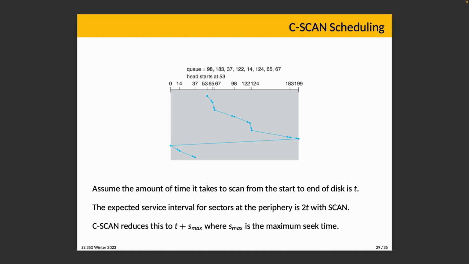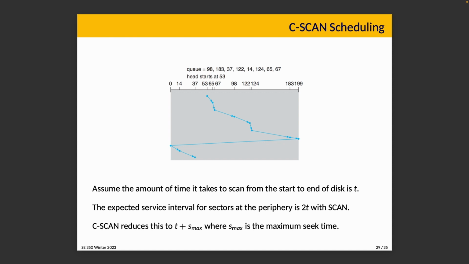So one thing that's noteworthy is that, in the previous scan algorithm, some areas are visited more frequently than others, if you know what I mean. Assume that the amount of time that it takes to scan from the start to the end of the disk is t. The expected service intervals for sectors at the periphery, so if you're at the very beginning or the very end, it's 2t, right?